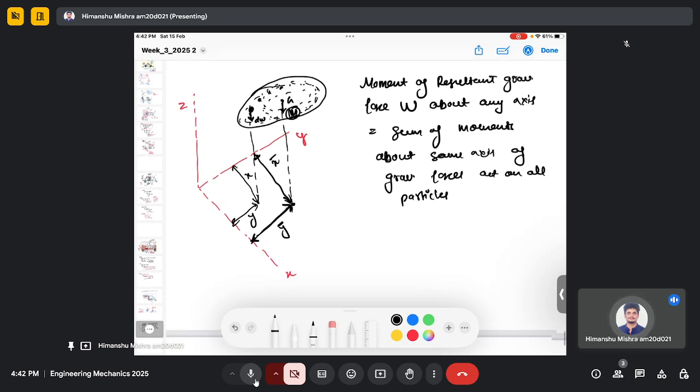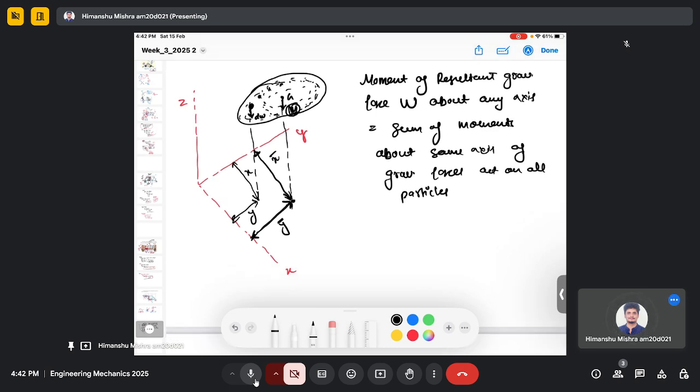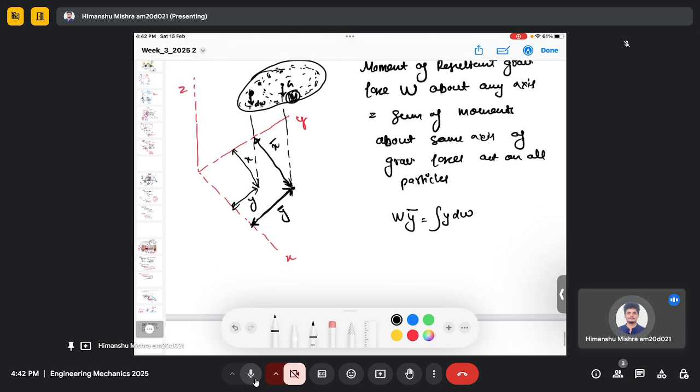So mathematically one can write this as W y bar equals the sum of all moments, which is y dW. Or if you want to do the moment along the x-axis, then it could be W x bar equals x dW.